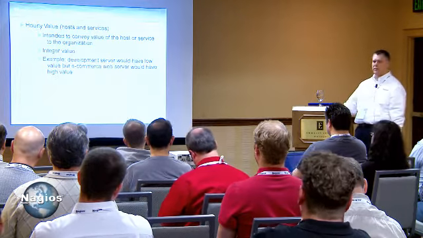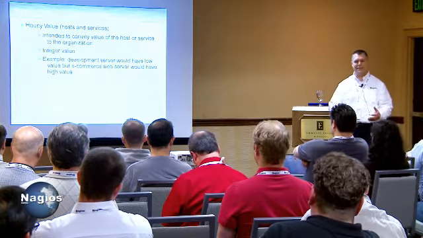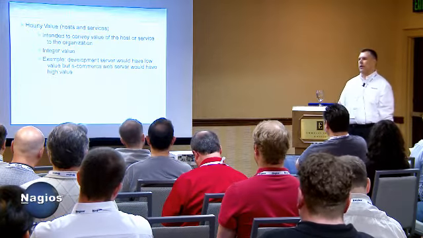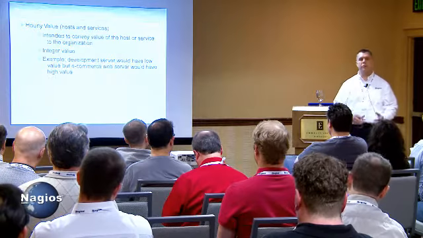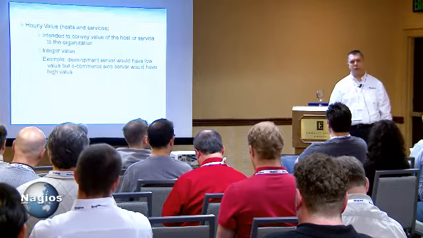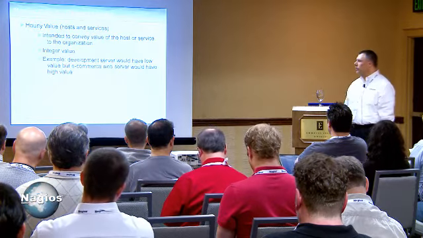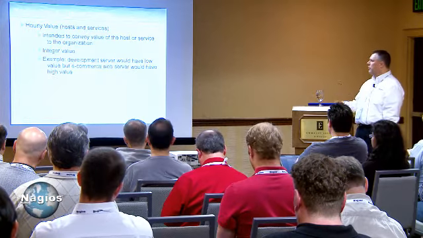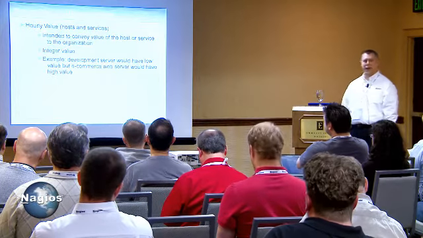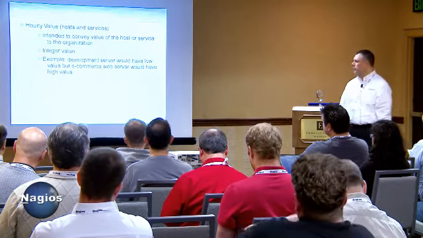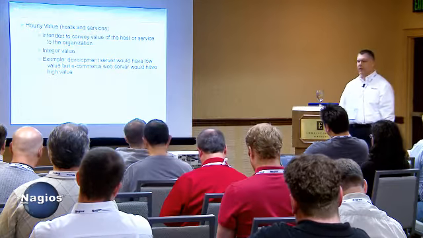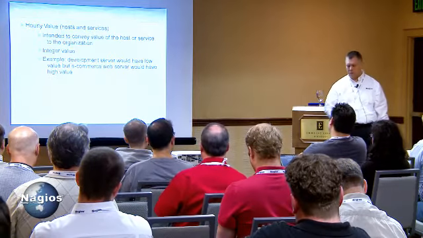It's just a simple integer value, so it's not necessarily dollars. It could be, for example, the number of people impacted by the host or service. You can use it for whatever you want. Here's an example. A development server would probably have a low value, but your production e-commerce web server would have a high value, and you'd want to know that.